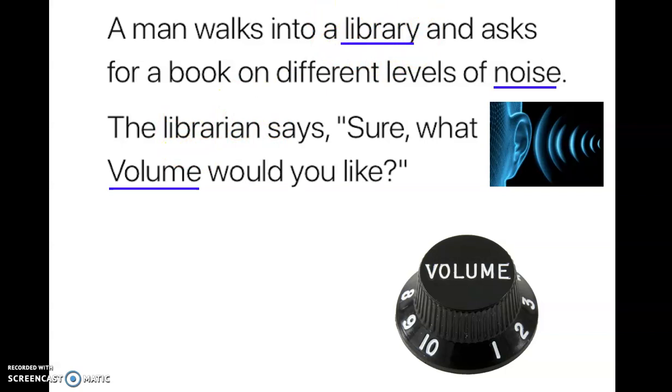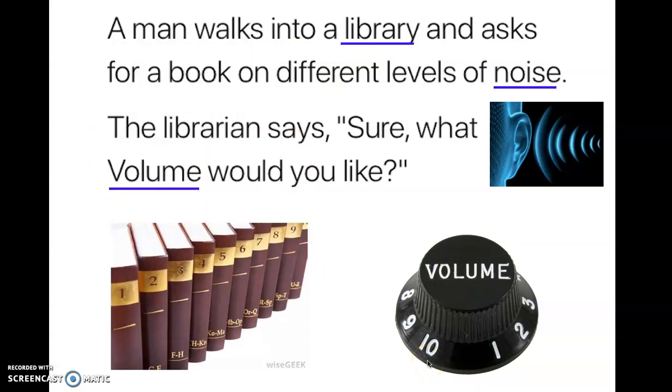And what do they work with at the library? What do they have? They have books. So the answer must be related to something about books and volume. Well, certain books, like encyclopedias, come in a set. 1 through, let's say, 10, it looks like here.